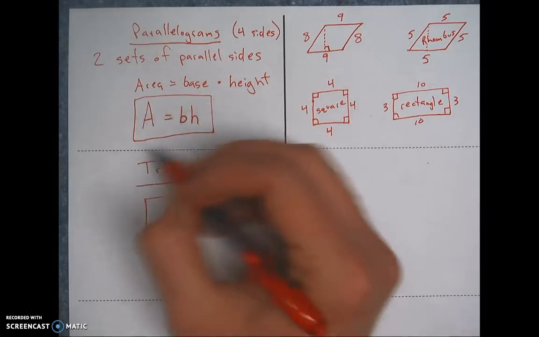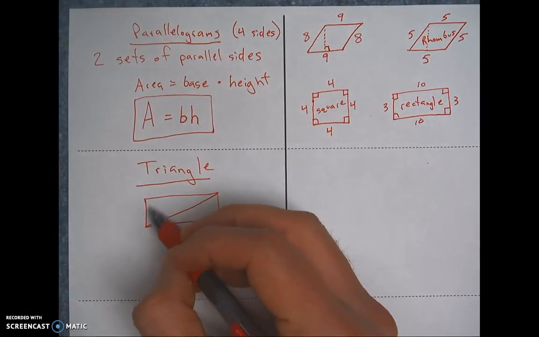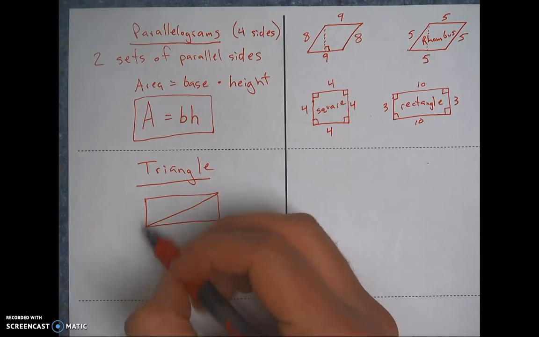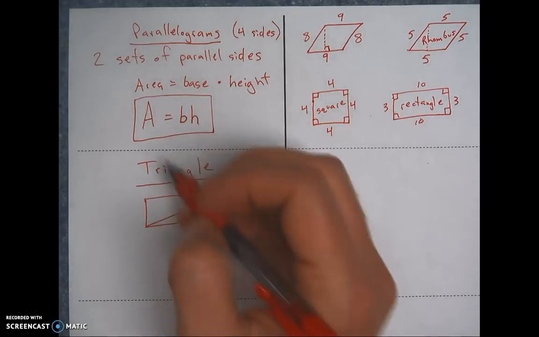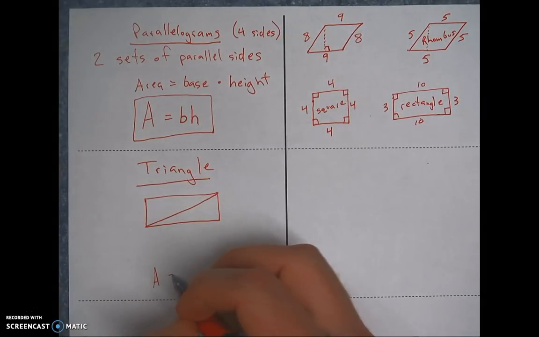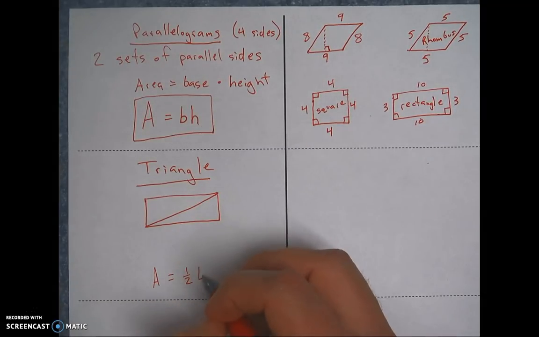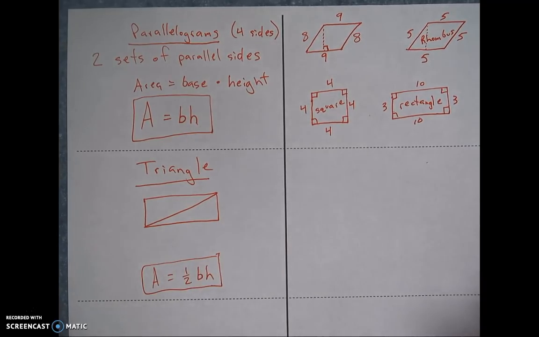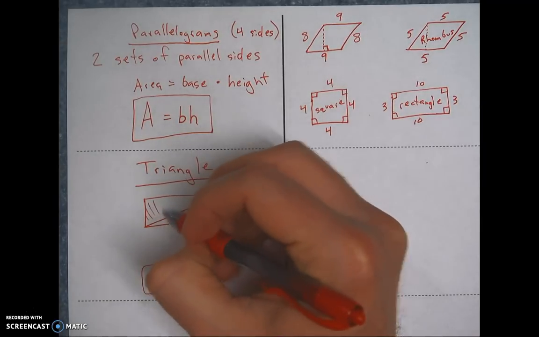And so if this formula was area is base times height, remember area is how much space there is on the inside. So this is just now half the size of the rectangle. So I just need to take half of this formula. So the formula for a triangle is literally 1/2 base times height, because the triangle takes up half of a rectangle.